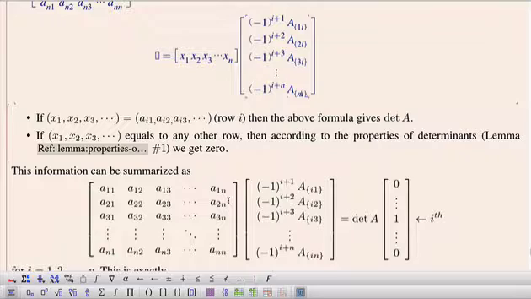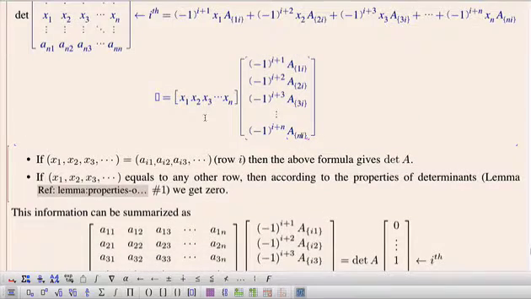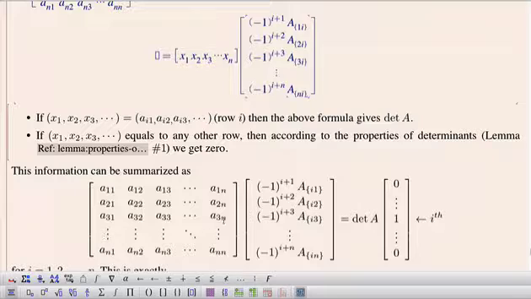So this can be summarized in the following. For the ith entry, if we have the ith row, multiplied with this, we get 1. And if you choose any other row, you get 0. So this is also multiplied with the determinant of A. So we have the determinant of A here, but we can factor it out.